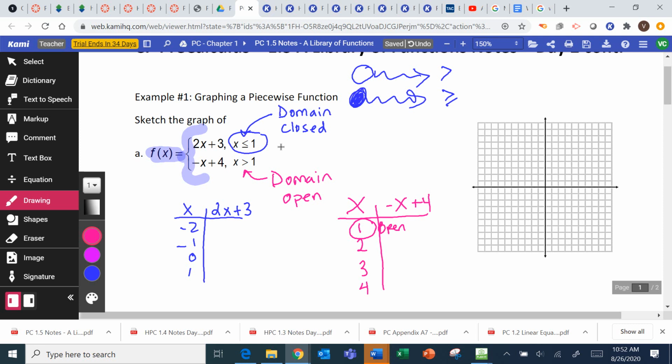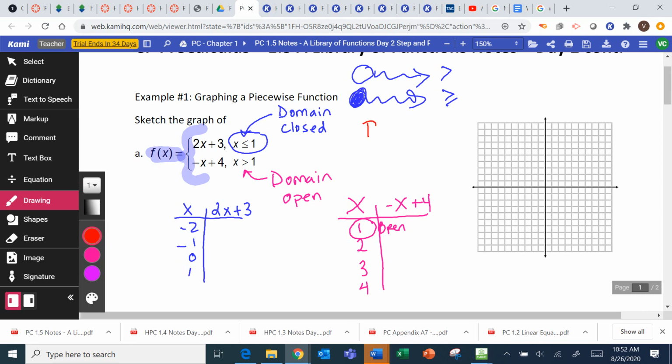So the number that is occurring in both tables is the number that separates that domain. That x is 1 would be kind of a border between the two pieces. So I'm going to just write that down. Maybe I'll use red for that one.